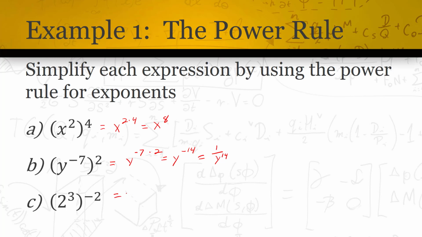Using the rule, that would be 2 raised to the 3 times negative 2 power. That can be re-expressed as 2 to the negative 6. Using the reciprocal to remove the negative exponent, we would have 1 over 2 to the 6, which would be 1 over 64. And there you are.